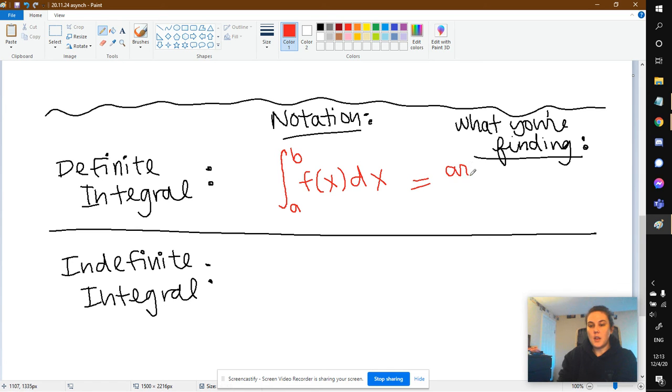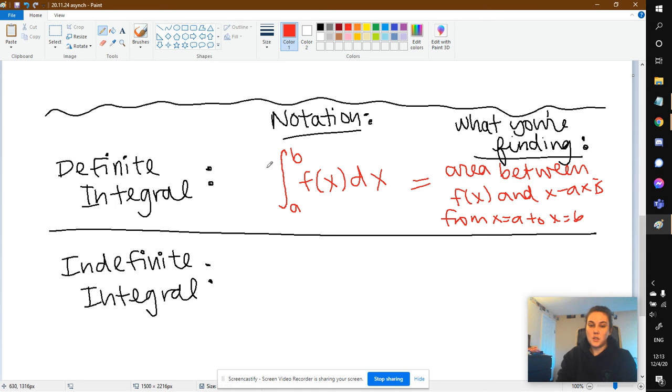You're finding the area between f of x and the x-axis from x equals a to x equals b. And this is going to be a number, right? The answer to a definite integral is always going to be a number.